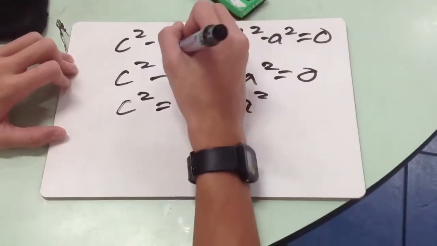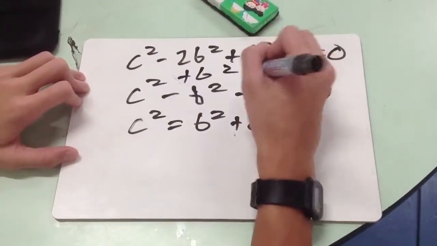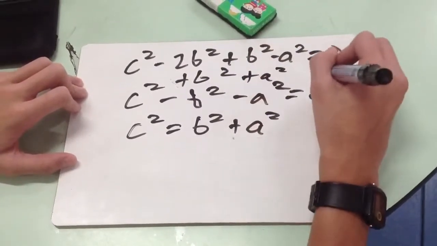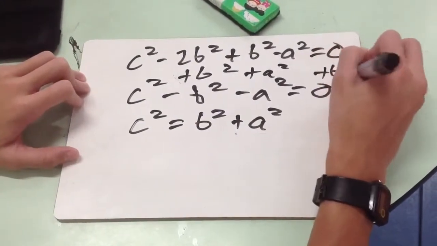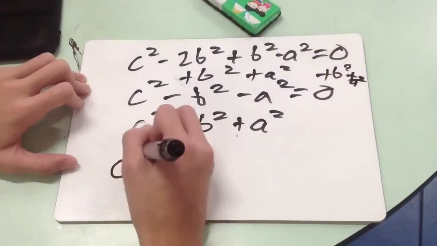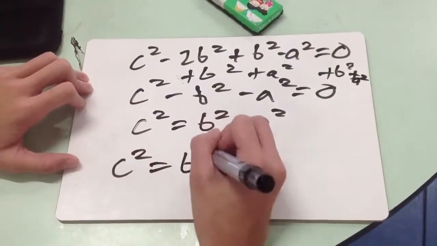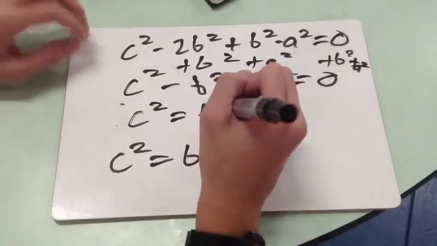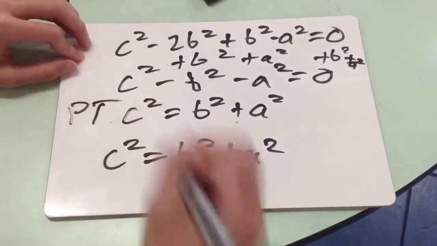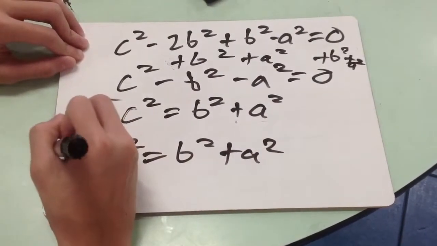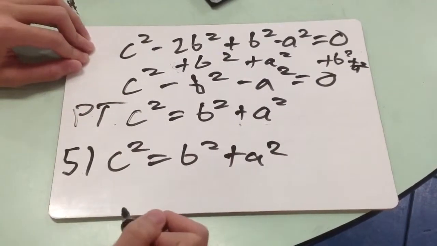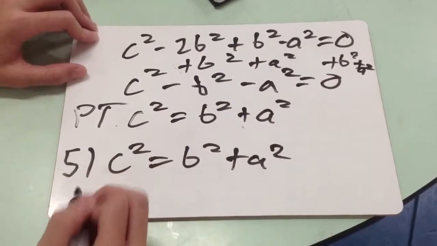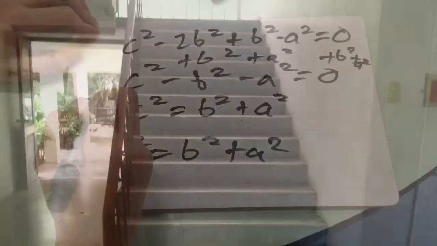We just have to add b squared and a squared to both sides. We'll get c squared equaling b squared plus a squared. Hey, doesn't that look the same? This is the Pythagorean theorem, and this is proof 51. From this, we can conclude that proof 51 really proves the Pythagorean theorem.